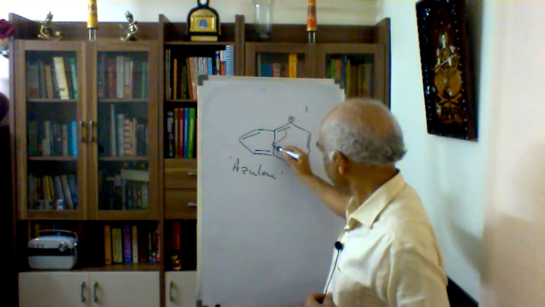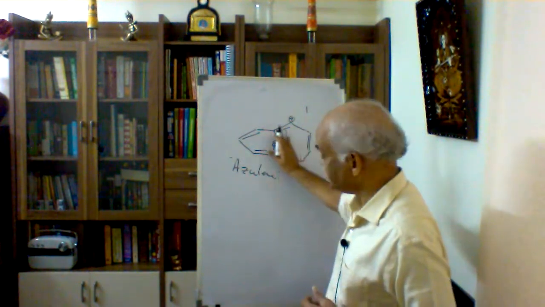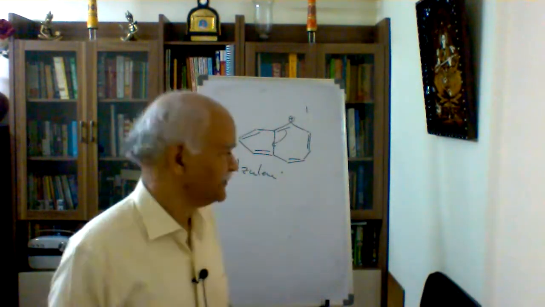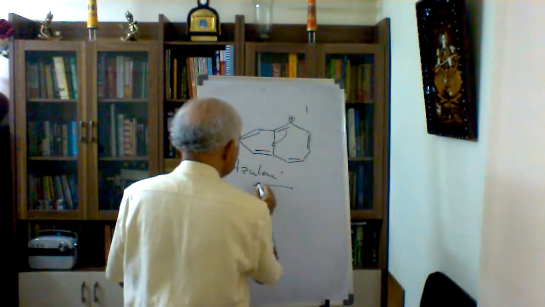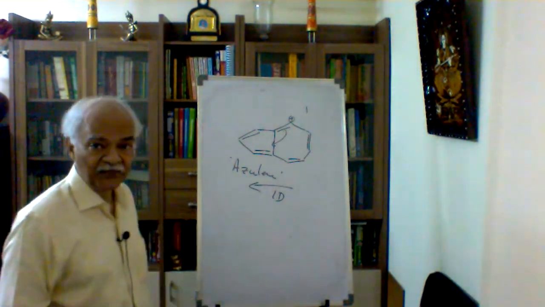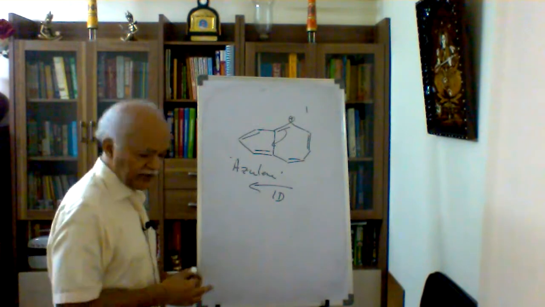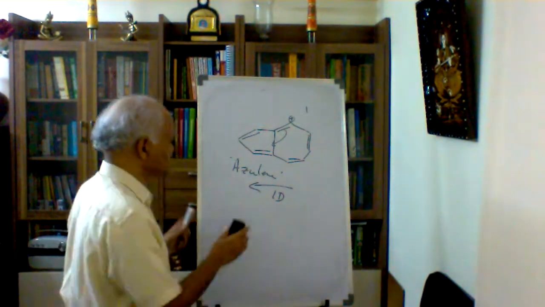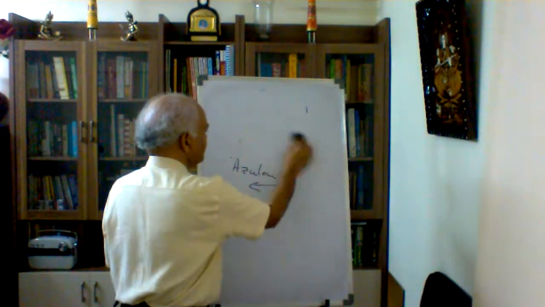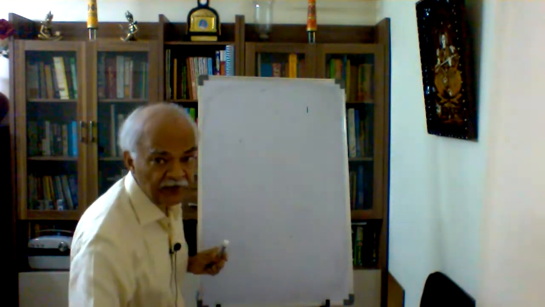Therefore, there are charged species, that is, if you take this molecule in the neutral state itself, there is a dipole moment. The direction of the dipole moment is towards the 5-membered ring. It is a reasonably good value, 1 D. That means if you write down the resonance hybrid for this azulene molecule with the 1 D moment, a permanent dipole in the ground state itself.